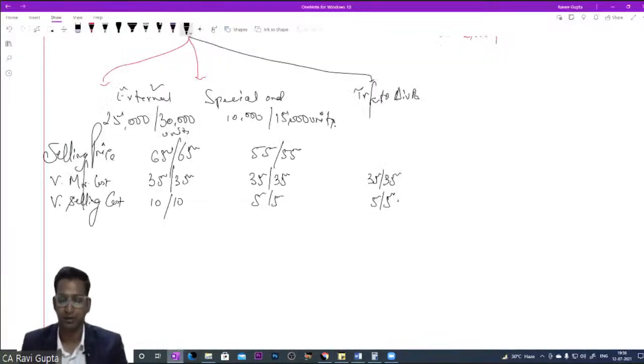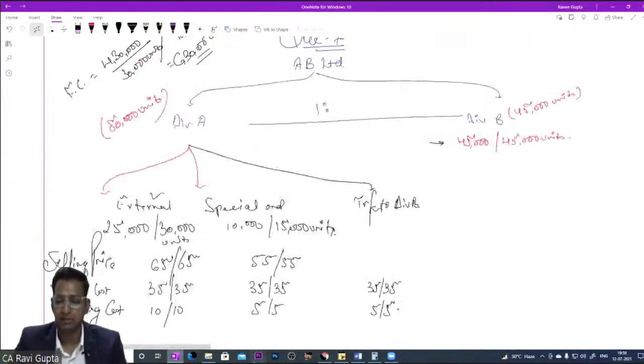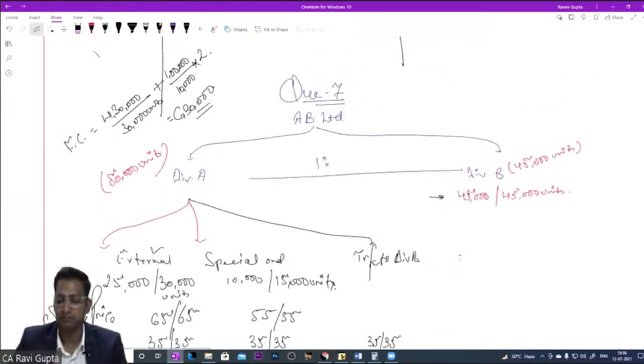So it's saying that division B is purchasing input A from the outside market.